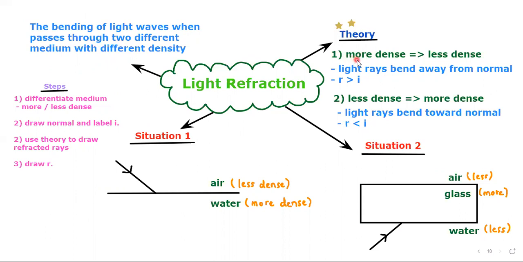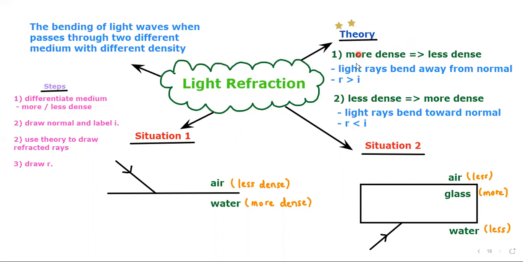When light rays pass from a more dense medium to a less dense medium, the light rays must be bent away from the normal, which means the refracted angle will be bigger than the incident angle.